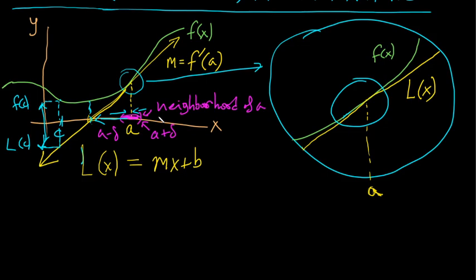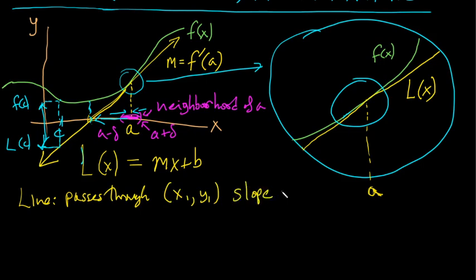But you might also remember another way to write the equation of a line. If we want the equation of a line that passes through a given point, say x1, y1, and let's say we know the slope is m, that's all we need to determine a line.